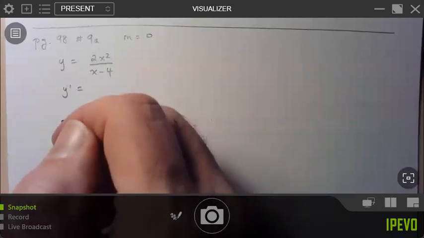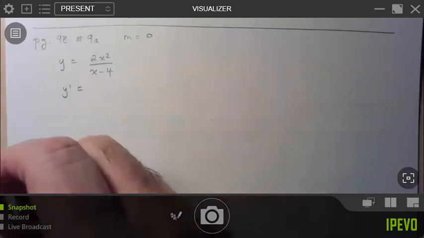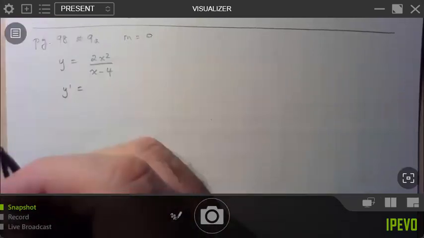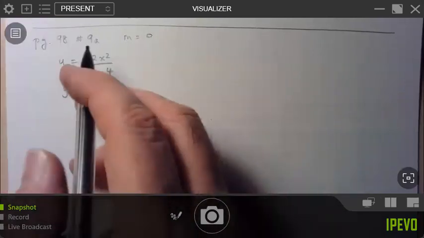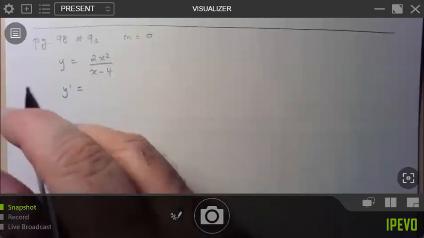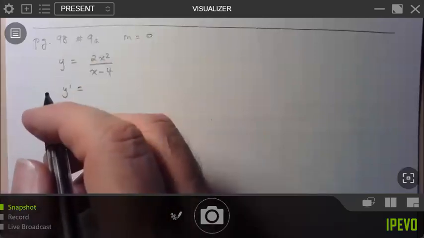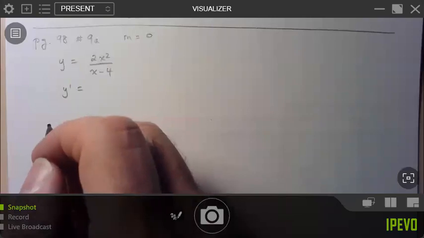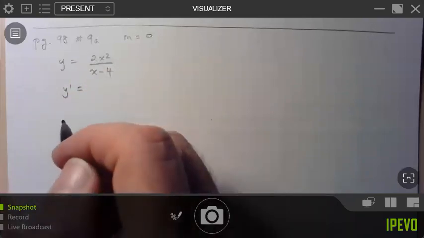Okay, so I want to find the x values. Now in this case, it says find the points. So I'm going to first find the x values, and then finding the y values is going to be easy because I can just stick it into my function to get the full coordinate. Okay, so let's start by taking this derivative here. So clearly I'm going to have to use the quotient rule.